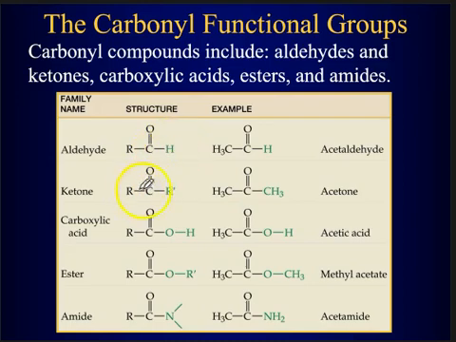A ketone has two carbons attached, so it means it's always in the middle of a carbon chain. Carboxylic acid has an OH, so once again it has to be at the end of a chain. Ester has two O's and two R's, so it has to be in the middle of a chain. And then our amides have a carbon and a nitrogen attached to it.